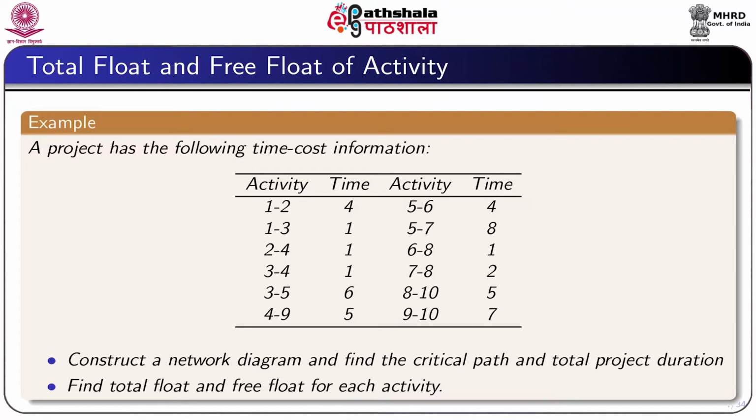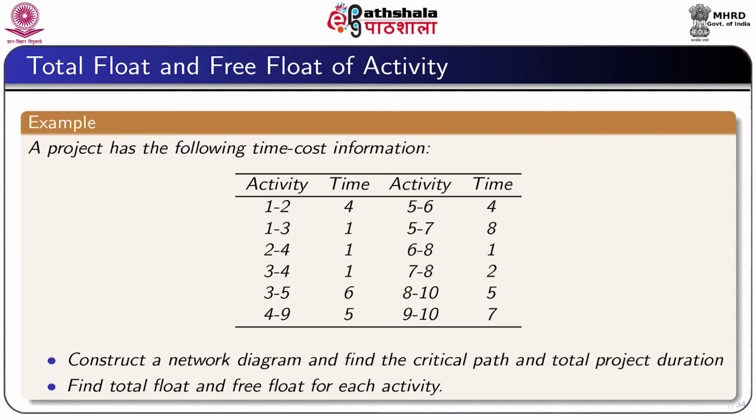As time can be saved by adding additional resources, we analyze time and cost of activity by considering time cost trade-offs. Let us determine the float and free floats of activities.